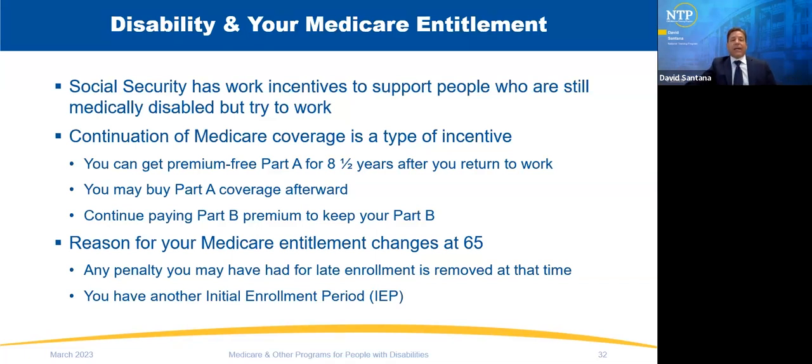In the event that an age individual later becomes eligible for Medicare because they develop end-stage renal disease, also know that that will provide a brand new initial enrollment period, even if they are over 65. So that may be another opportunity an individual may use to adjust their coverage.